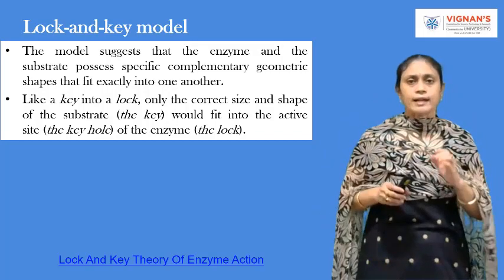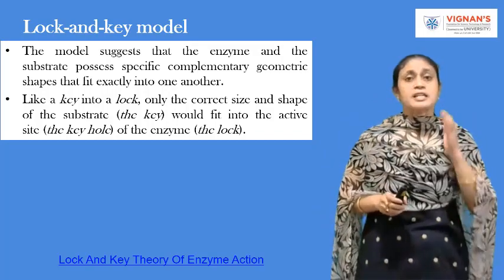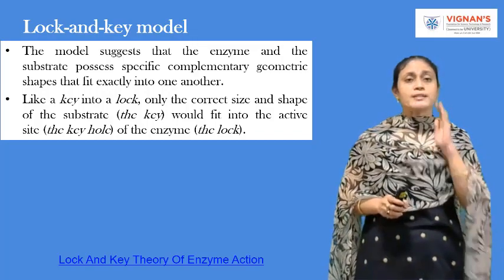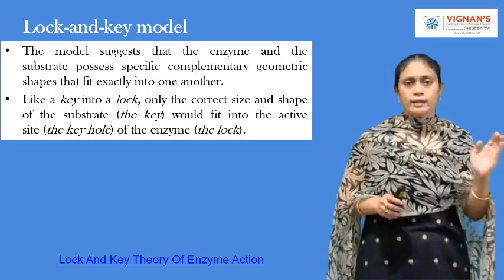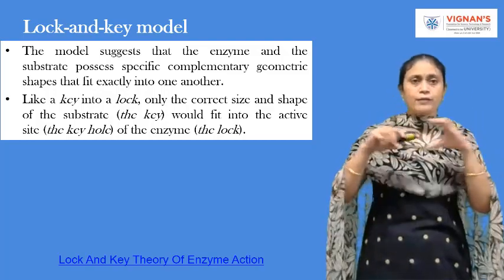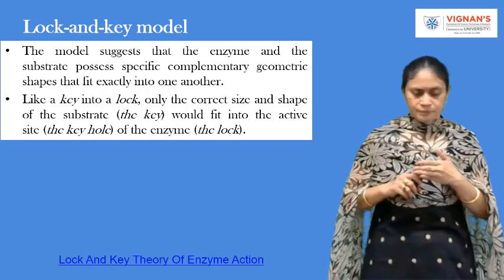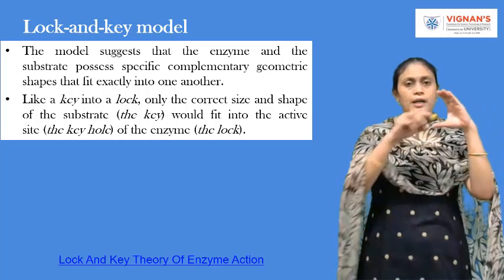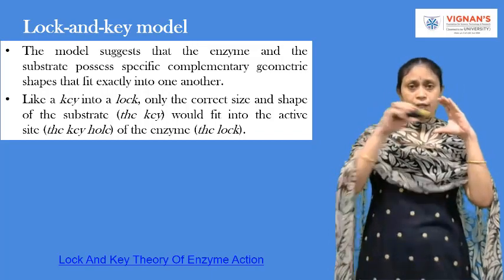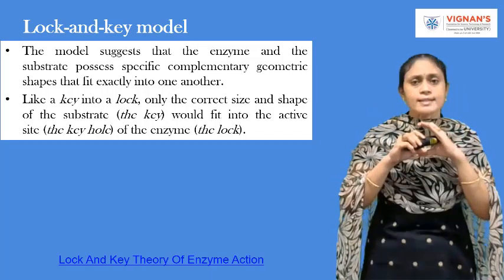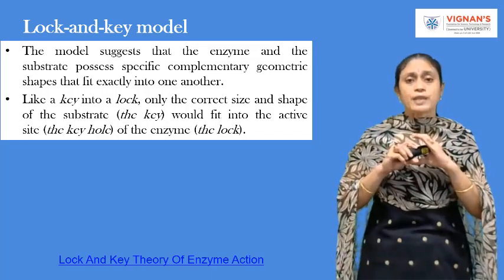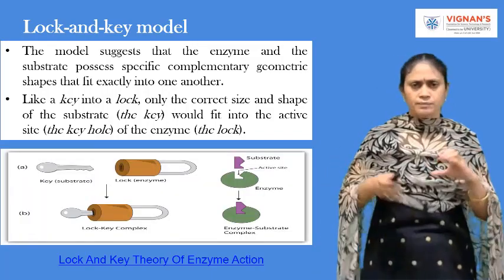This model suggests that enzyme and substrate possess specific complementary geometric shapes that fit exactly into one another, like a key into a lock. Only the correct size and shape of the substrate would fit into the active site of the enzyme. Just see this figure.